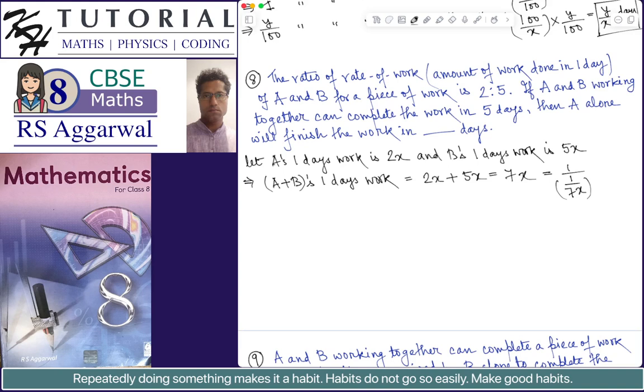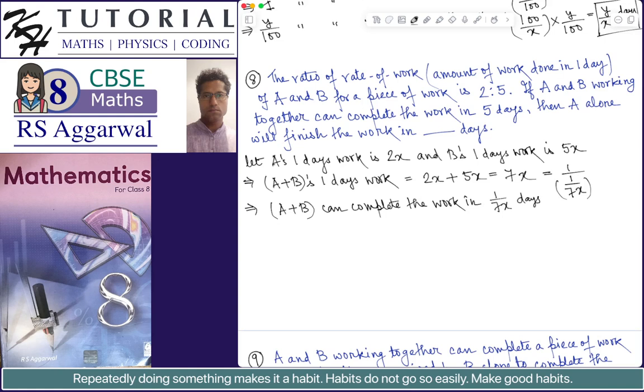So now we can say that A plus B can complete the work in 1 by 7x days.